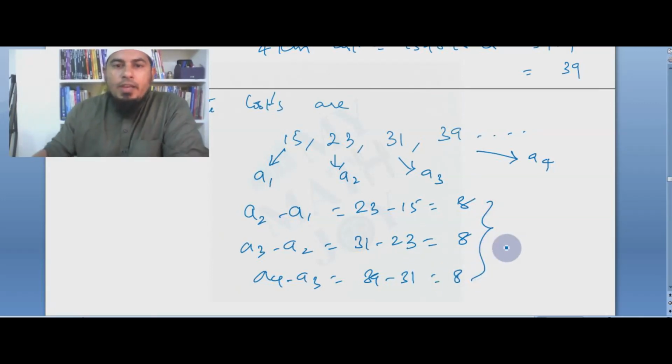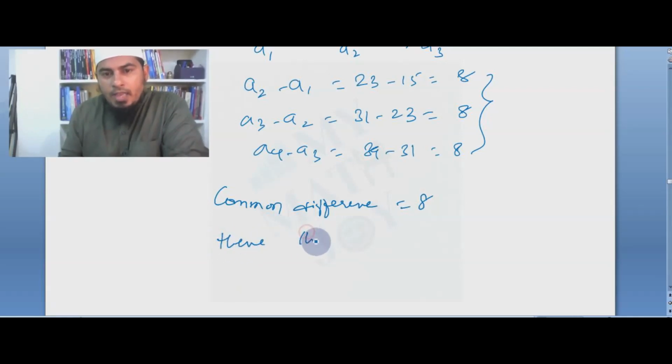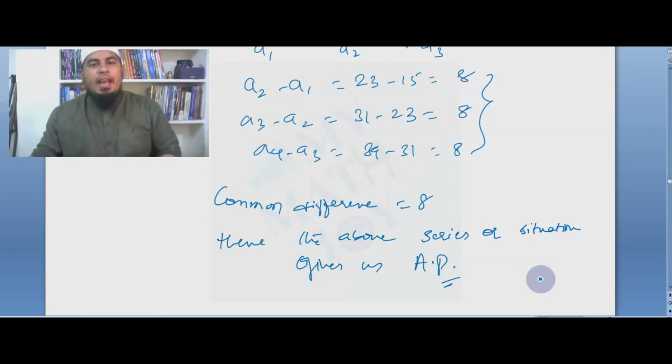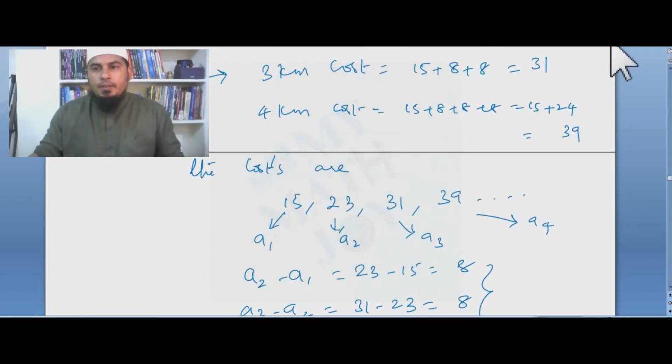Everywhere you get a common difference. So here the common difference is equal to 8. Hence the above series or situation gives us an AP. What is AP? Arithmetic progression. Okay, let's move on to the next question.